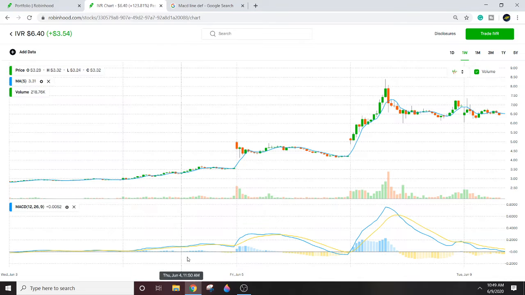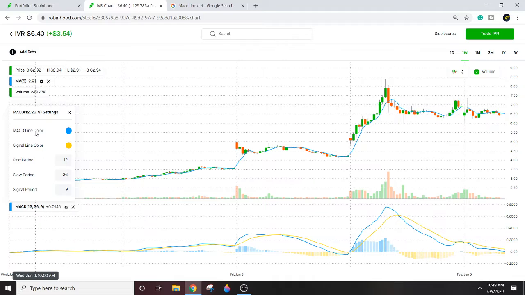So pretty much there's two lines. I customized the lines right here. So the MACD line color is blue, and then the signal line color is yellow. And so what happens is when the blue line, the MACD line, goes above the yellow line, it indicates a bullish trend right here. So you can see the IVR company has been doing pretty good, or the ETF or whatever.